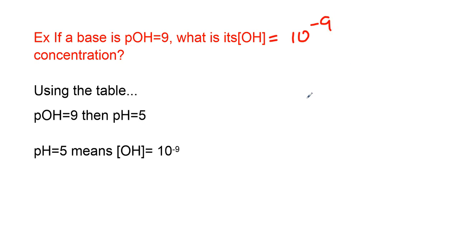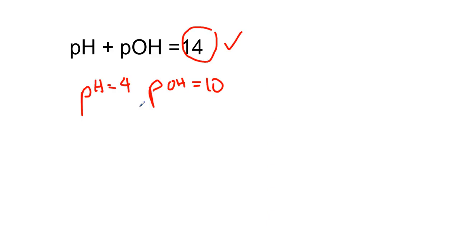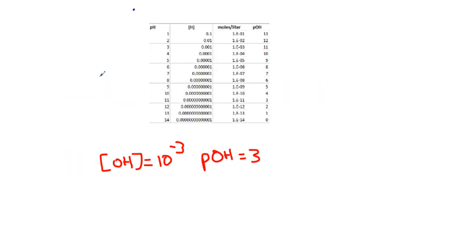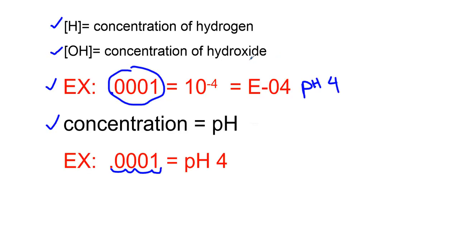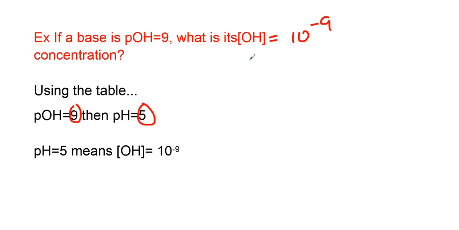Now suppose I wanted to confirm that. Well, pOH and pH have to add up to 14, right? So if that's 9, the pH must be 5. Let's take a look. pH 5, where was it? There it is right there. Yeah, so the pOH, if this is 5, must have been 9.